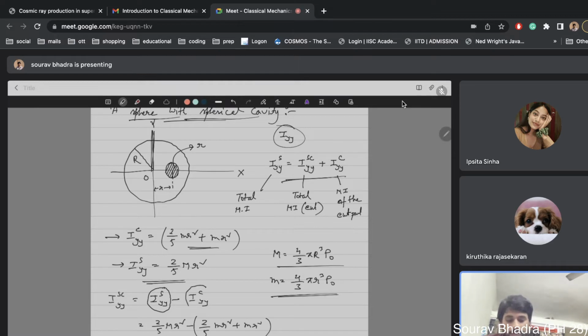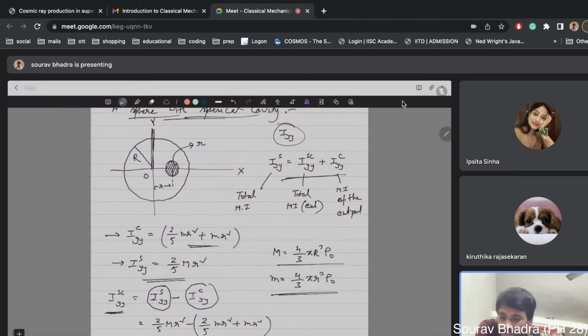This is the moment of inertia of the cut part only, and this is the moment of inertia of the body with the hollow cavity. Not cut, I should say hollow cavity. So this is just an application of the axis theorem, where we have used it to calculate the moment of inertia of the hollow cavity.